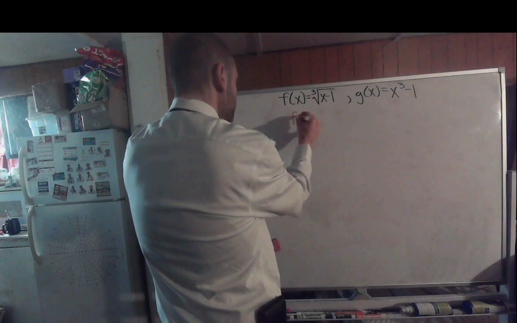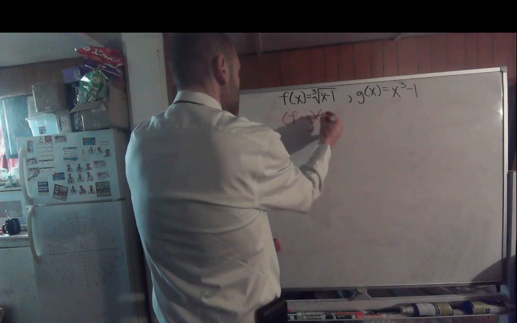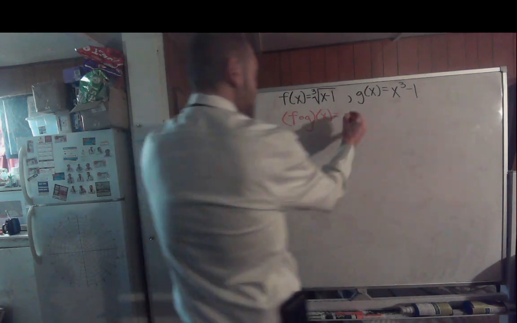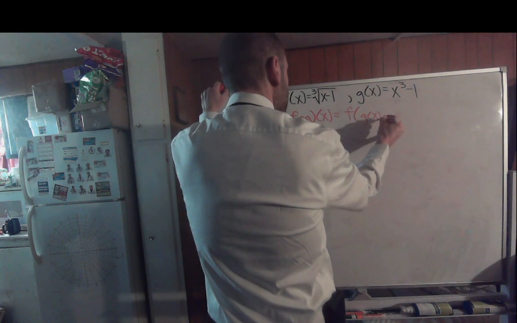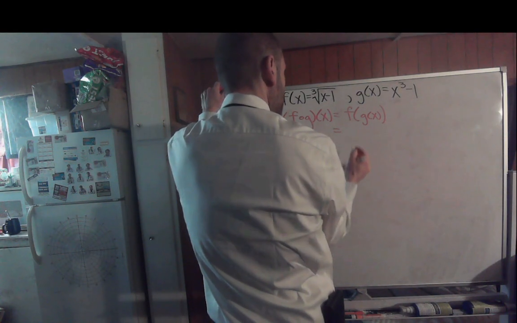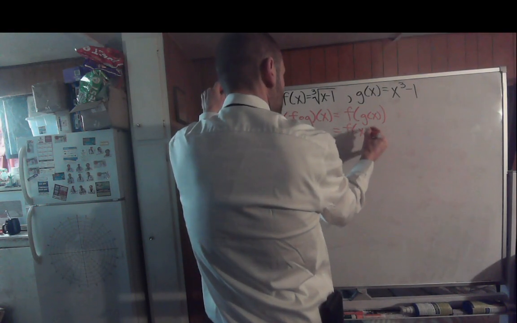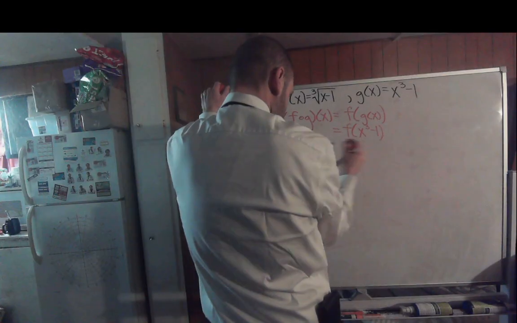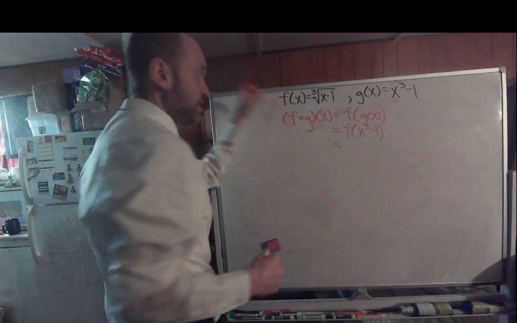So first let's find f composition g of x, which is going to be the same thing as f of g of x. Well, g of x is x cubed minus 1, so that would end up giving you f of x cubed minus 1, which now you'll put in the x cubed minus 1 for the x.